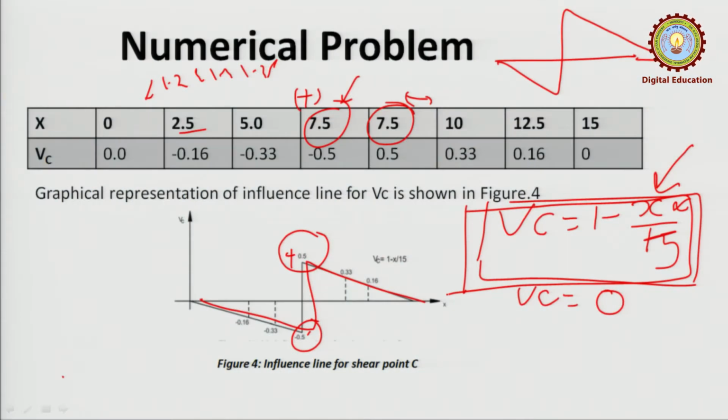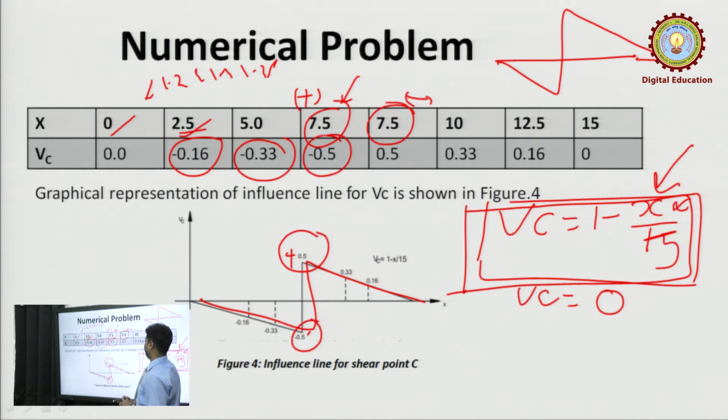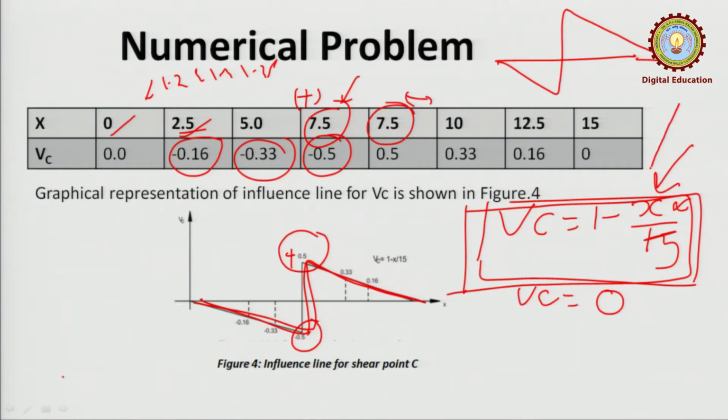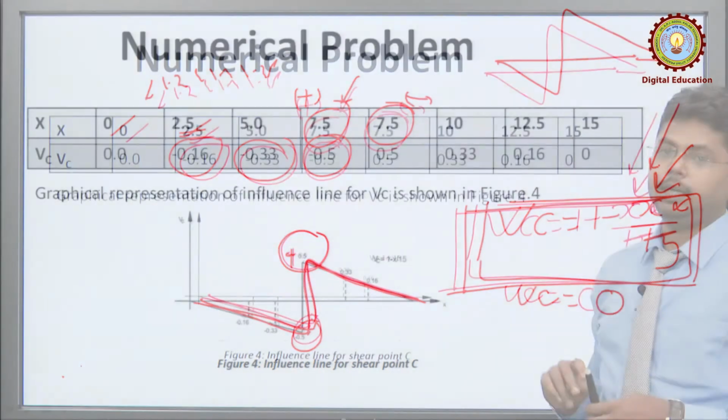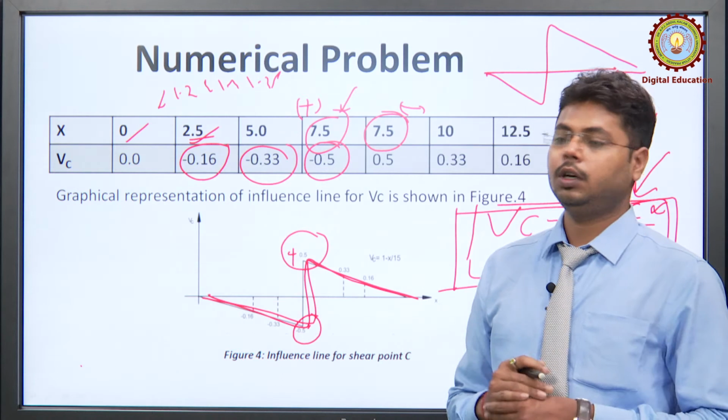Now we are going to put 0, 2.5, we will get a value of this, and on 7.5 we will get a value of negative 0.5, and after that we can easily draw the influence line diagram. This is why I told you this is a very easy method, in case we are going to draw with the conventional method.